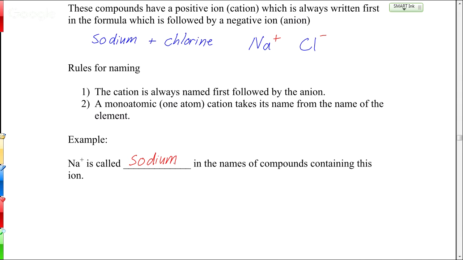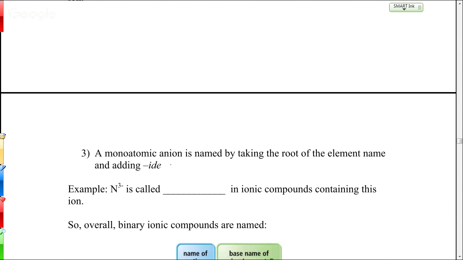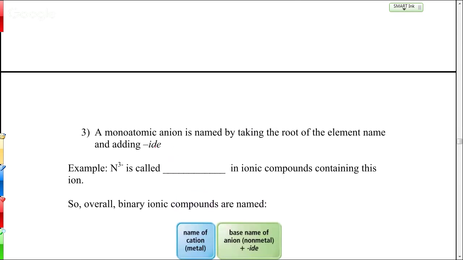The positive ion is also called sodium. And then the anion, the monoatomic anion, so where there's just one atom there, chlorine in this case, its name is taken by taking off the end and adding "ide." So instead of chlorine, we have chloride.